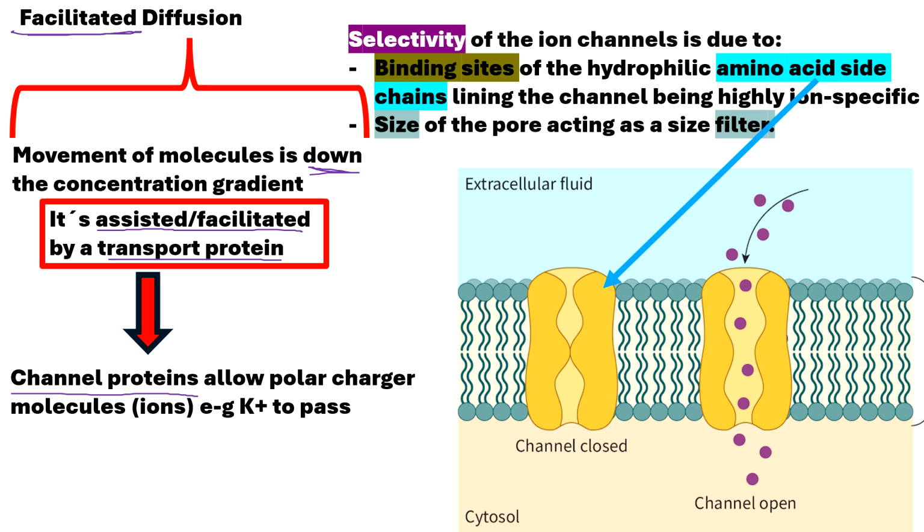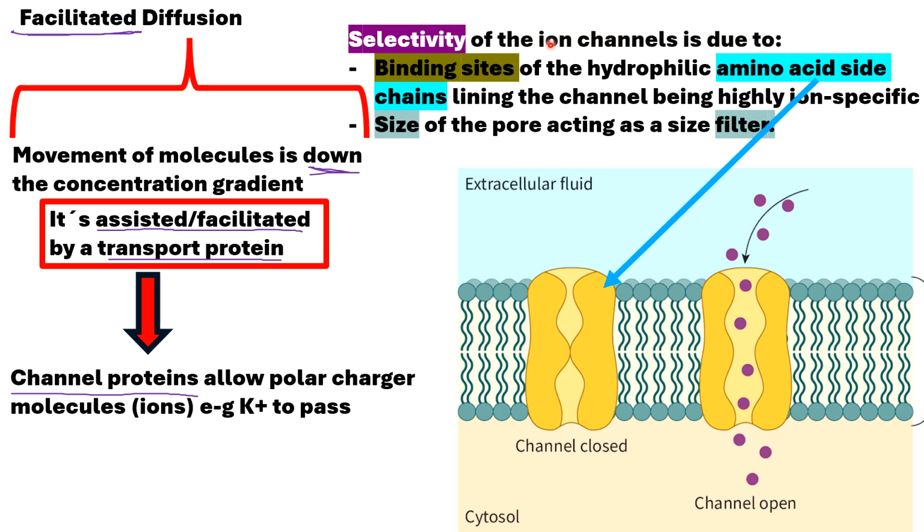Now, we saw before that ions are charged, and charged molecules cannot go through the phospholipid bilayer, the head and the tail. It has to go through a special protein called a channel protein. These channel proteins, sorry, can select. They have selectivity of which ions go in and which ions go out or can't go in or out.